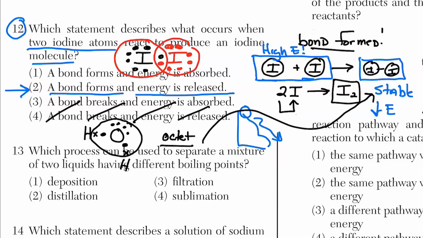More importantly, they generally have that 8. Getting that octet is a stable scenario. So that's why all of this fits together. If you don't see this big picture and just try to memorize little facts, this is how it works. So number 12 is 2. On to 13. Number 13.